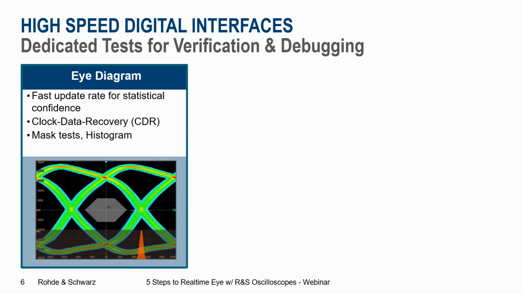So what are the typical tools in order to do some signal integrity evaluation? First of all, I would like to mention the eye diagram. I will give much more information about this in the following, but just as a quick start, it's an overlay of a lot of bits from the signal sequence, and it really depends on how many bits you can overlay in order to get the right statistical information.